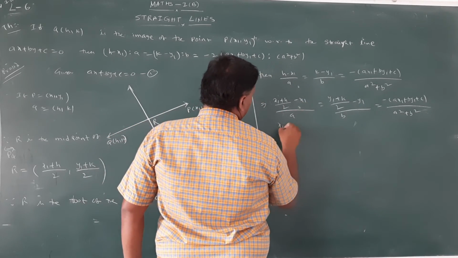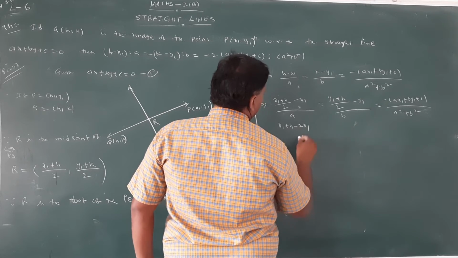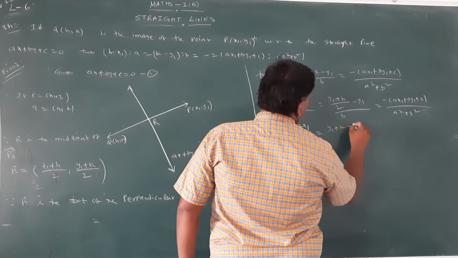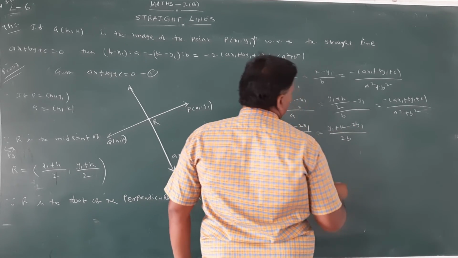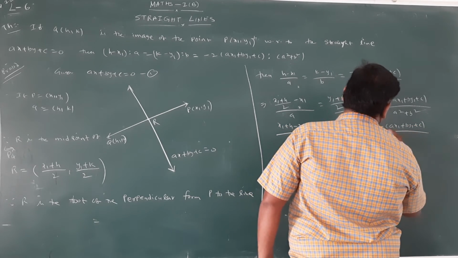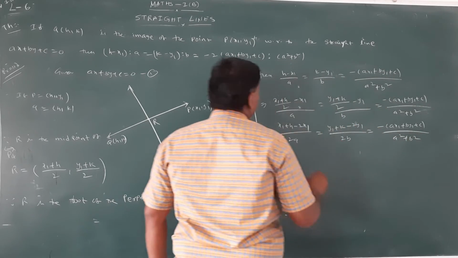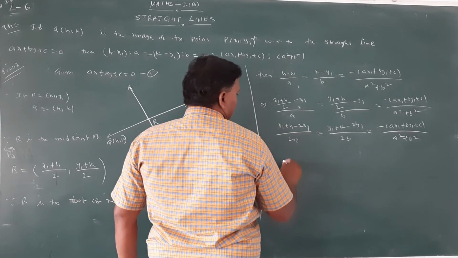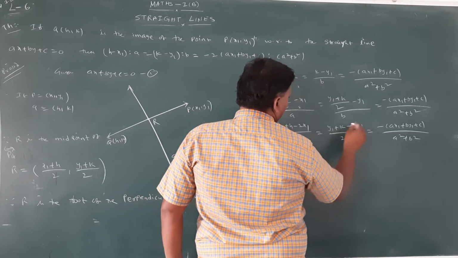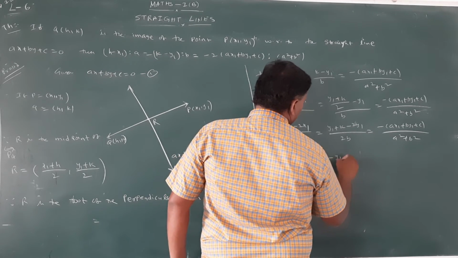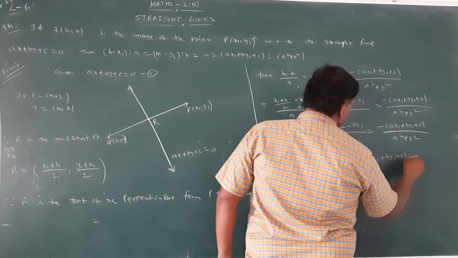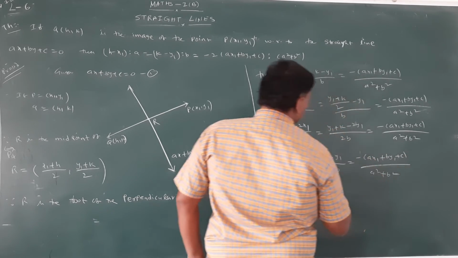The LCM: (x1 + h − 2x1)/(2a) = (y1 + k − 2y1)/(2b) = −(ax1 + by1 + c)/(a² + b²). This is (h − x1)/(2a) = (k − y1)/(2b) = −(ax1 + by1 + c)/(a² + b²).